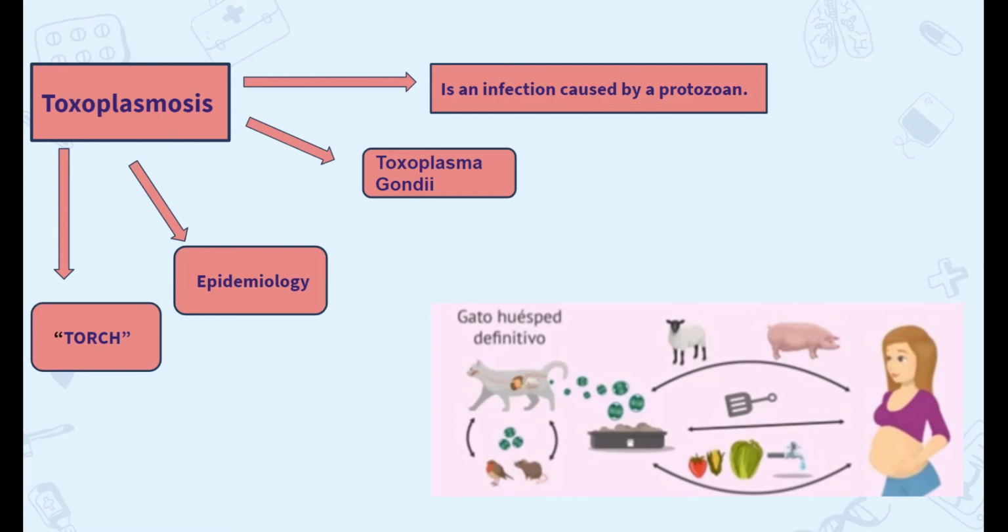It can be transmitted by fecal oocysts from cats, unwashed vegetables, and raw meats. This can cause infections and can imply enormous clinical manifestations. And now I'm going to let my partner Alejandro Bustos continue with this presentation.